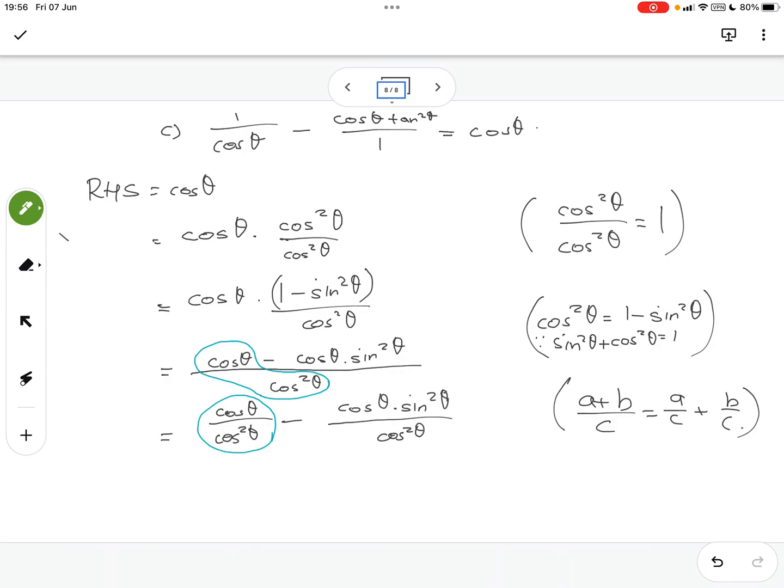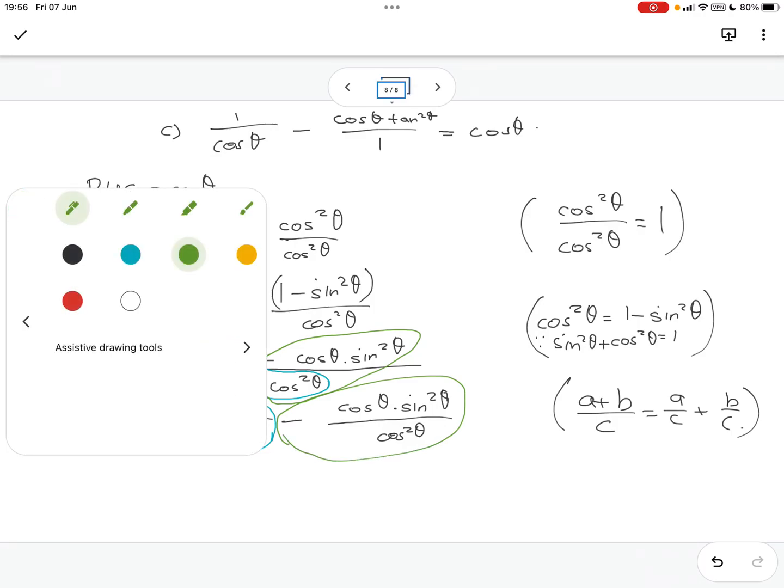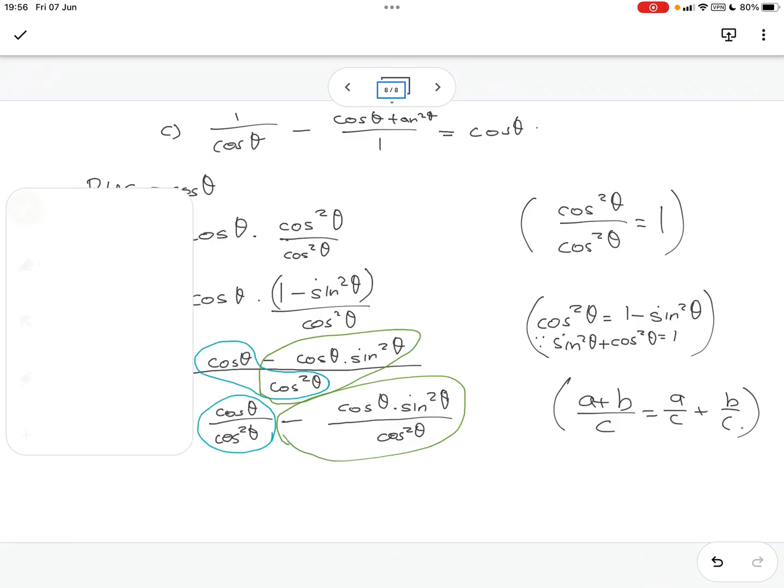So let me use blue pens instead. So this is this. And I'll use a green pen for this other one. So this one is this one. So we just separated the two fractions. There's two fractions in one, and we just separate it into two fractions. Can you see that?